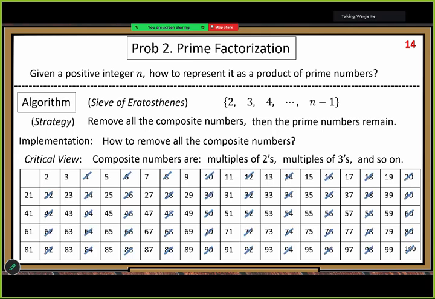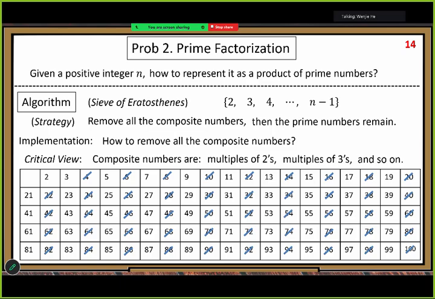First, they cross out all the multiples of 2. They scan the sequence from beginning to end. When they see a multiple of 2, they cross it out. The first round, cross out all the multiples of 2.